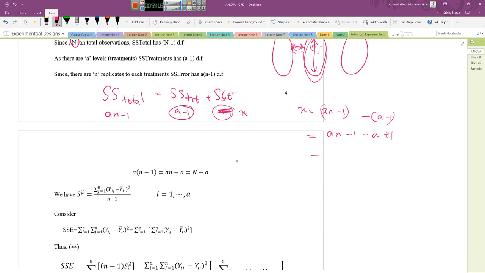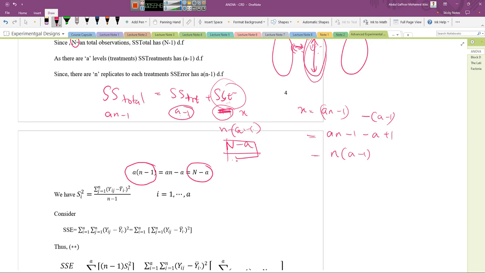So if I take a out, a into n minus 1 is the degrees of freedom of this error. So an minus a can again be written as a into n minus 1. Anyways.